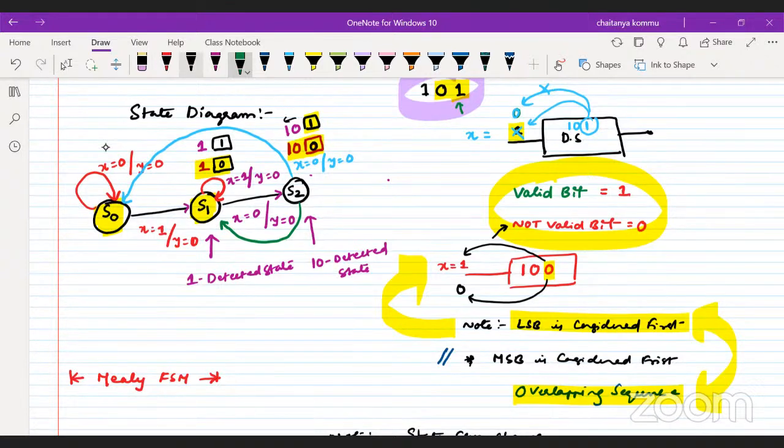Here x is equal to 1 and 3 bits are completed. Therefore, y is equal to 1 here. This entire sequence is completed, that's the reason why y is equal to 1. Suppose a 0 has come here, for example, then from where do I start the sequence? Just from S1, I start a new sequence. I can start a new sequence from S1 onwards.